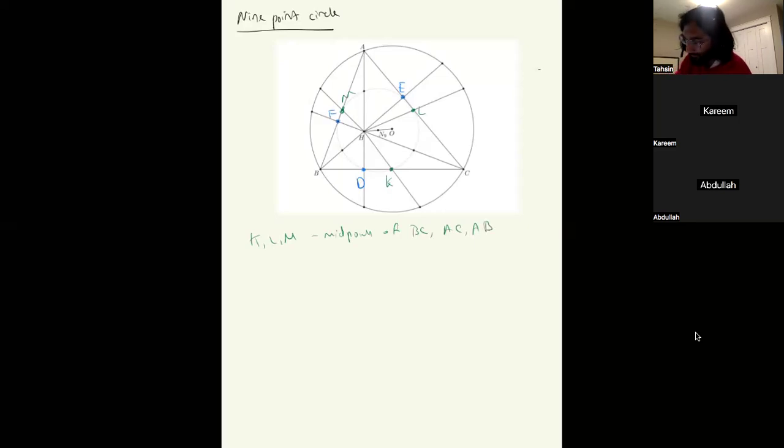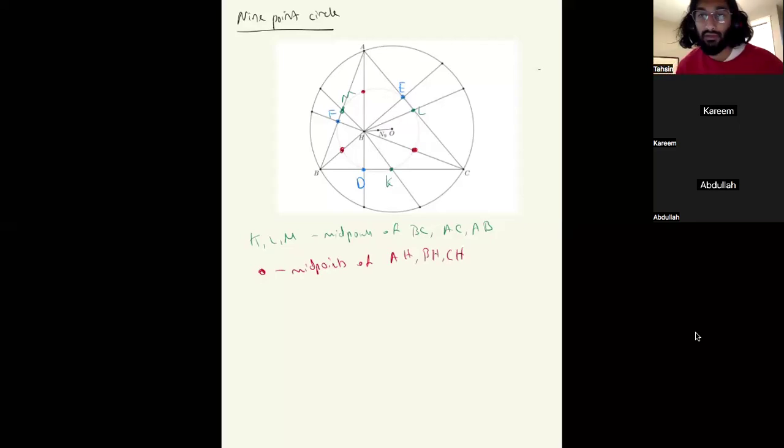And then the other 3 points are not so interesting. It's these. And what are these? The red ones are the midpoints of AH, BH, CH. So they're the midpoints of a segment of the altitude.